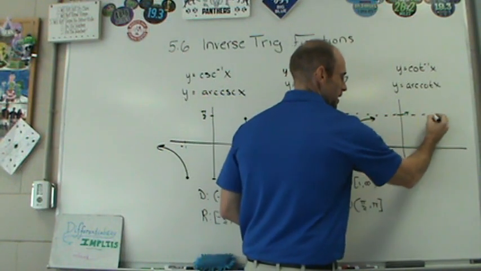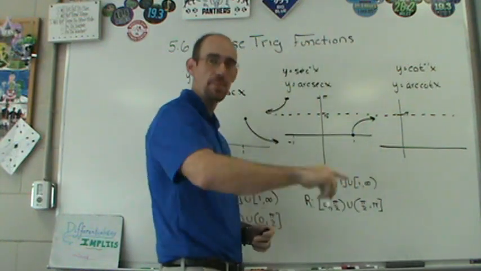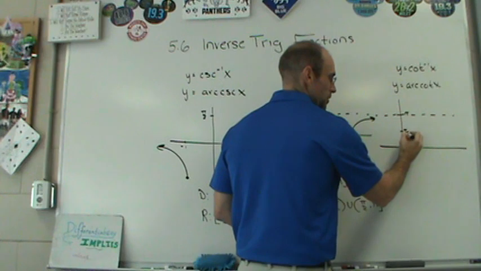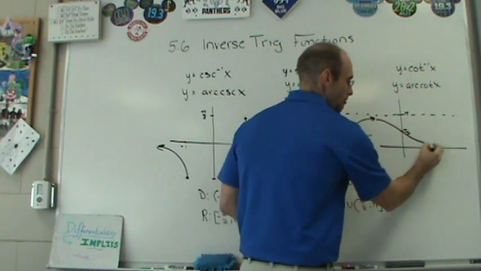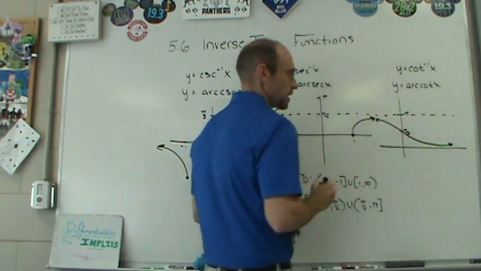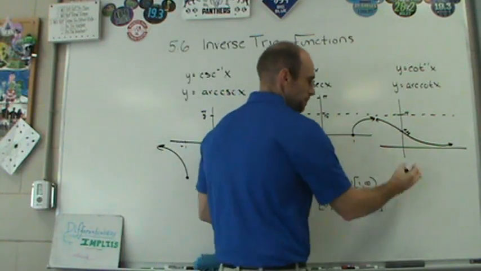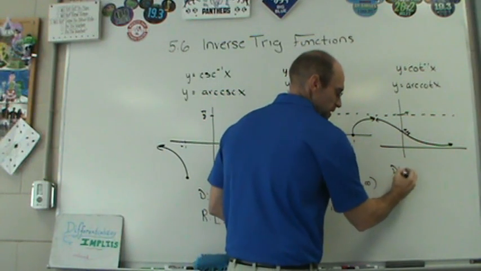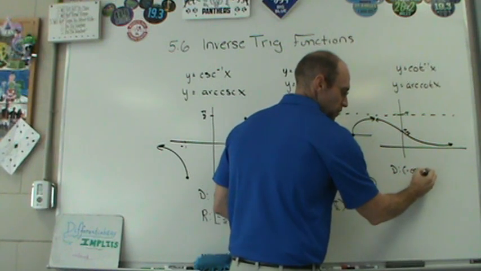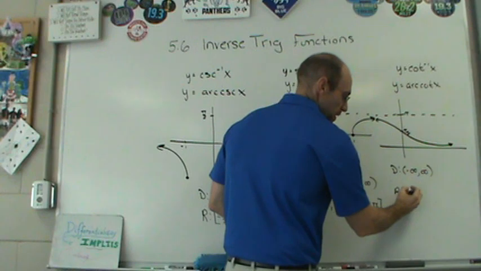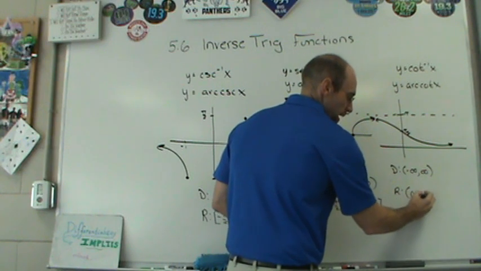So we draw that horizontal asymptote, and instead of going up in an increasing motion, we're actually going to be going down through pi over 2. Got a little squishy there, but again, take a look at the one I have online. The domain for this is the same, negative infinity to infinity, and our range will be from 0 to pi.